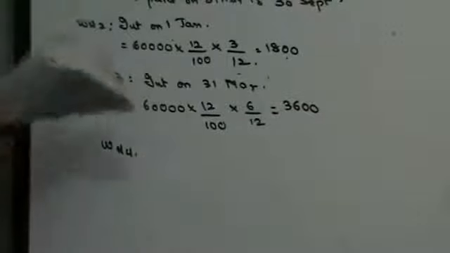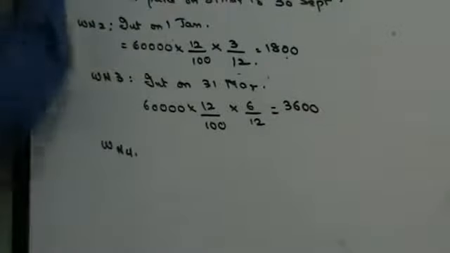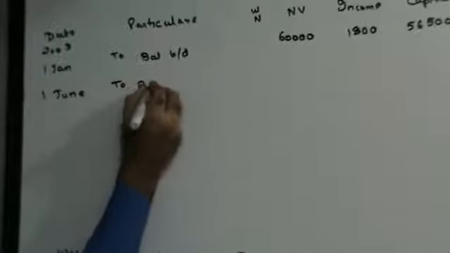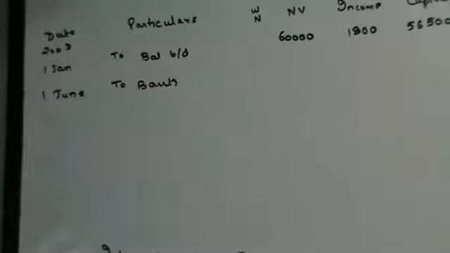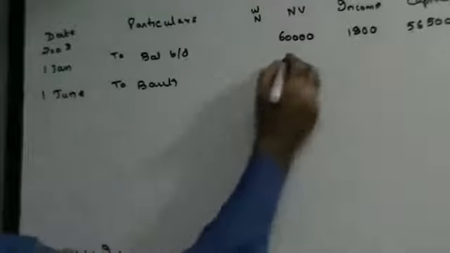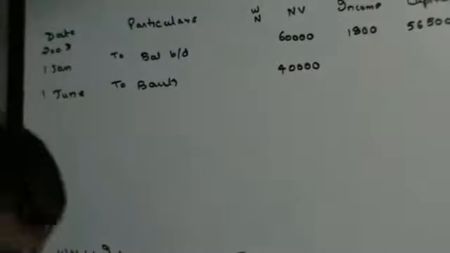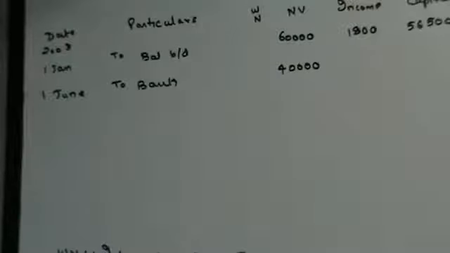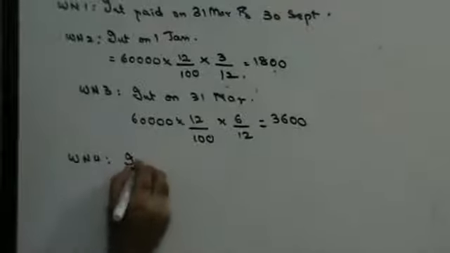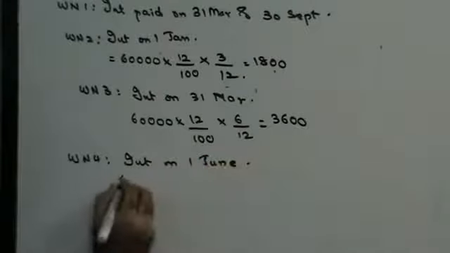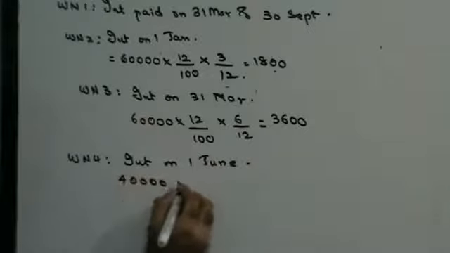Working note 4. Now we'll come to the purchase on 1st June. To bank, he purchased debentures of 40,000. Working note 4: interest on 1st June. 40,000 worth debentures he has purchased.